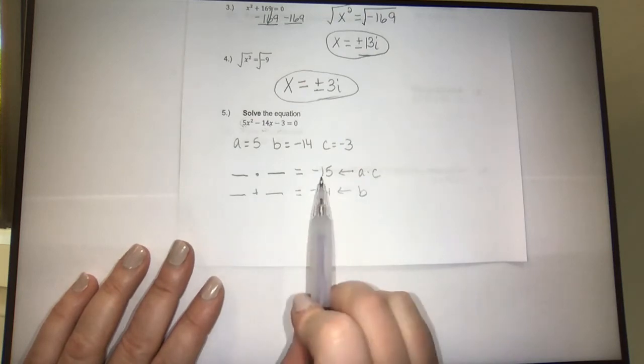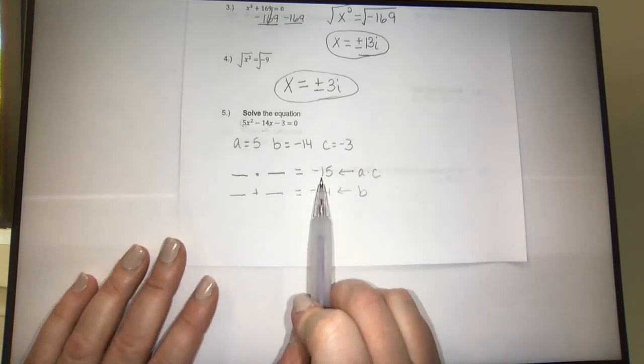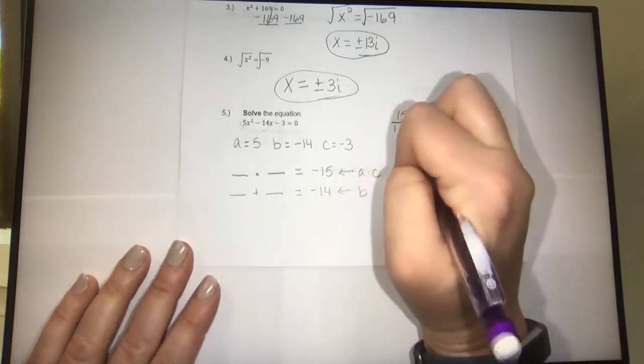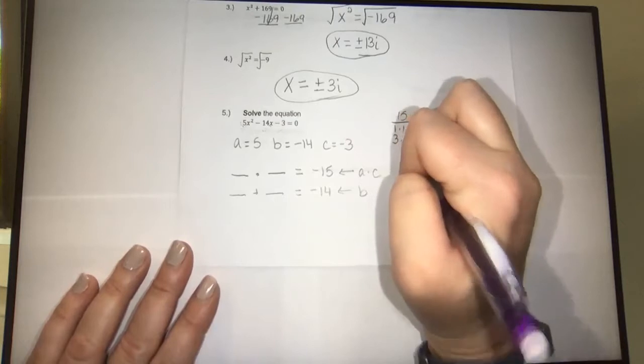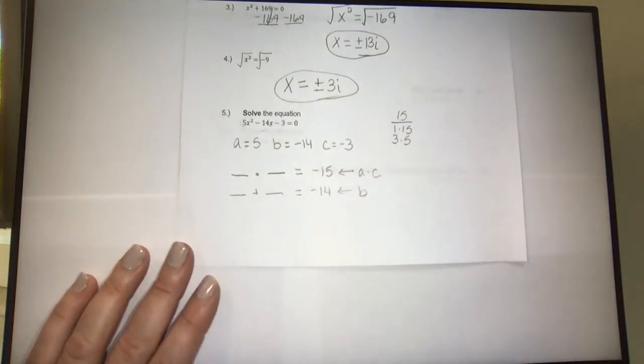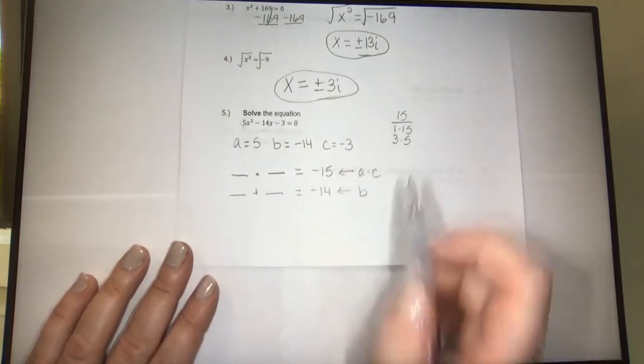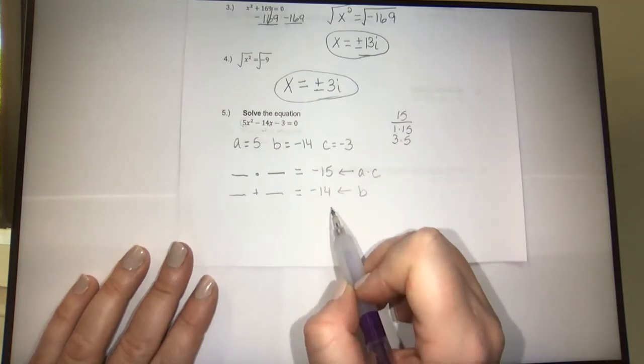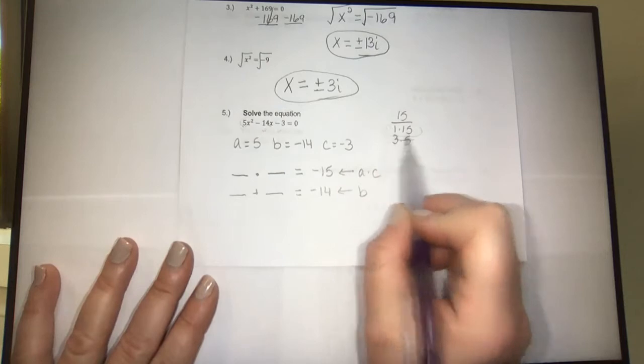All right, well, in order to multiply to get a negative 15, 1 has to be positive and 1 has to be negative, and there's only 2 sets of numbers that make a 15. Can I combine 3 and 5 in any way to get a 14? No. So these are the 2 I'm working with.